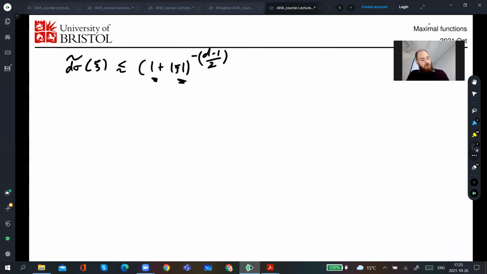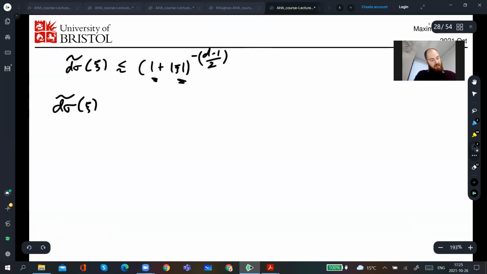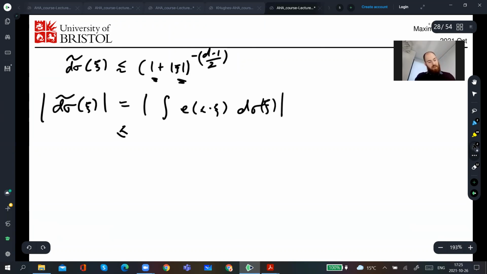As we've seen before, the 1 is really going to be a local property of the sphere. It's actually just saying that the sphere is a finite measure. So in particular, I'm going to have the following bound: the Fourier transform of d sigma at c, in absolute value, is the absolute value of the integral, which by the triangle inequality, of course, is just moving the absolute values inside.